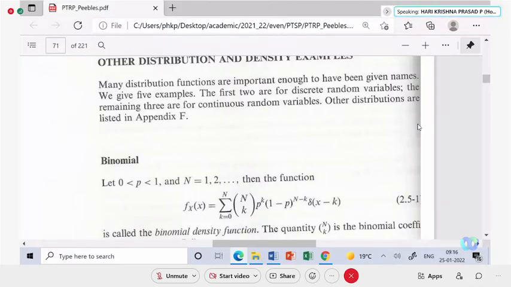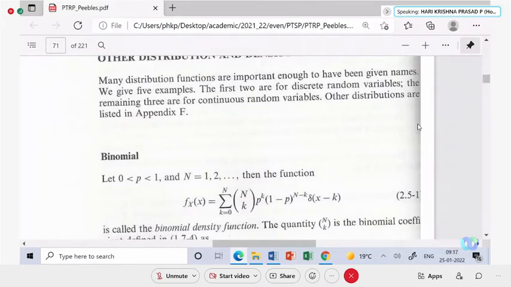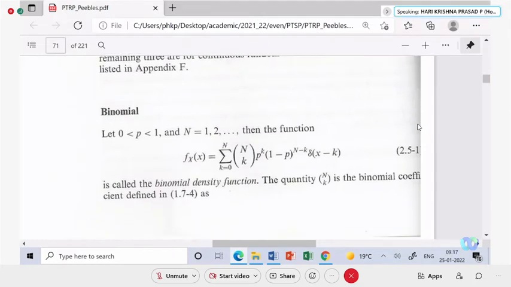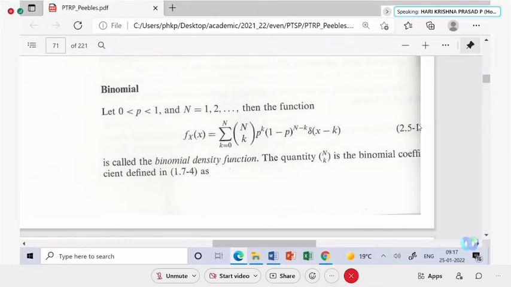It is nothing but the case of continuous random variable. A random variable can take continuous values or discrete values. In case the random variable takes discrete values, there are certain density functions. For example, binomial density function.